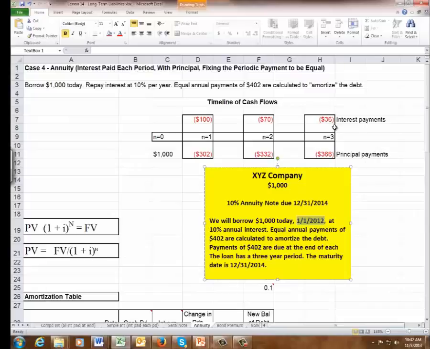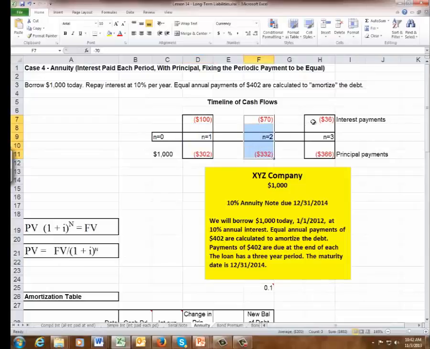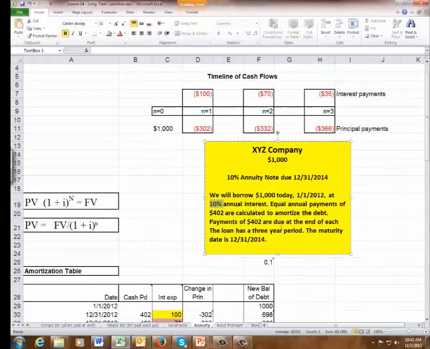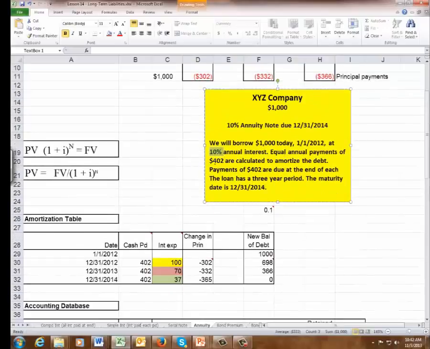So this is a 3-year note. At the end of year 1, end of year 2, and end of year 3, we've identified the cash flows using the annuity method. So if somebody borrows $1,000 with interest at 10%, repayable in equal annual amounts, the bank will calculate a payment 402 total, $402.